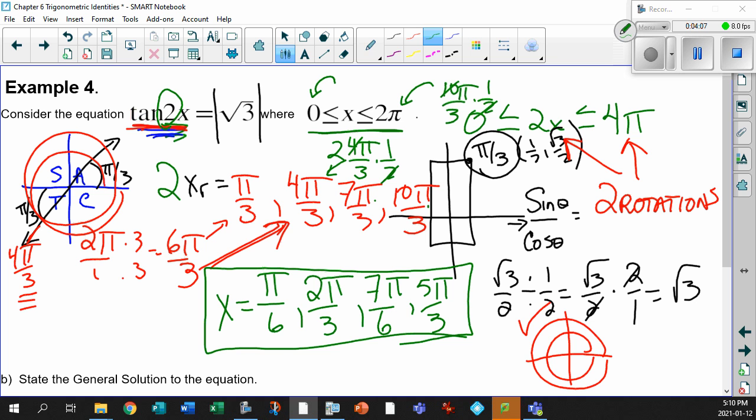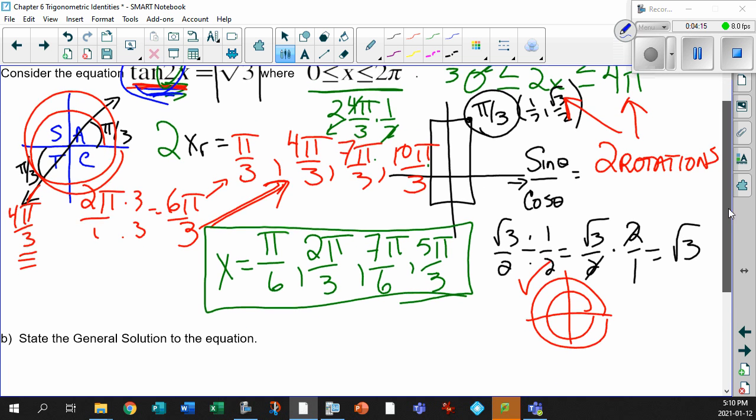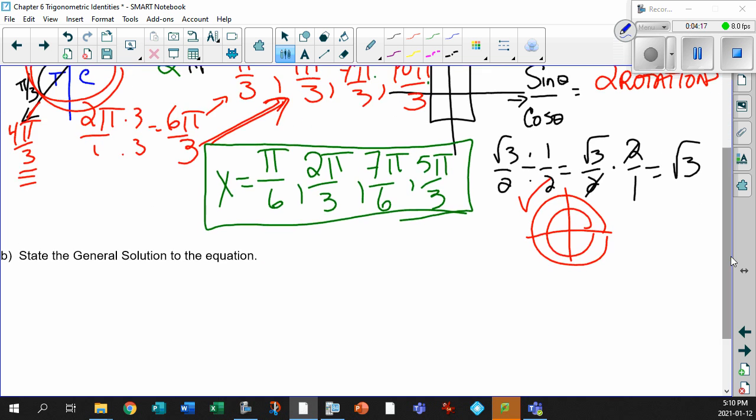Okay, but you're still probably bothered by the fact that this was 10. Well, yeah, you have a right to be bothered. Look what happens when we're talking about the general formula. The general formula is based on the first rotation, pi over 6 and 2 pi over 3. Those are your values for the first rotation.